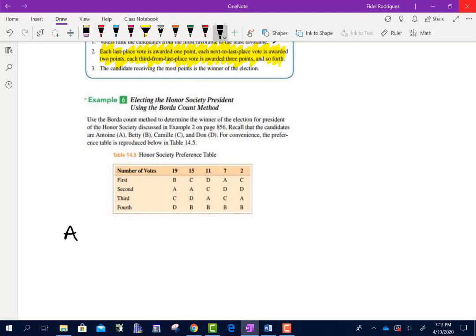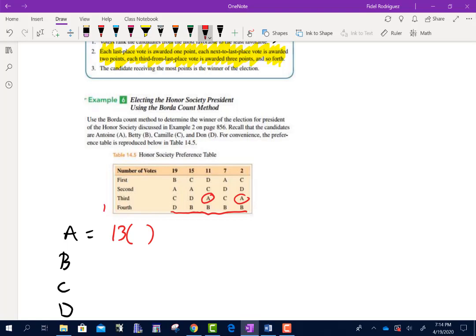There we go. So, Anton, I'm going to look for the A's. In last place, does Anton have any votes? No. But he does have 11 and 2. He has 13 third place votes.